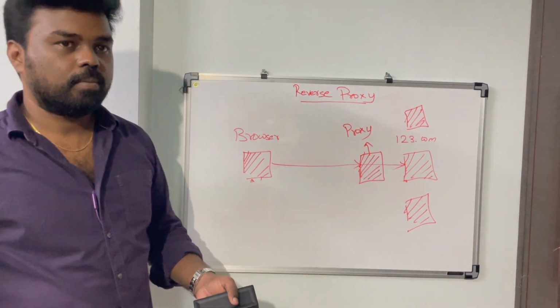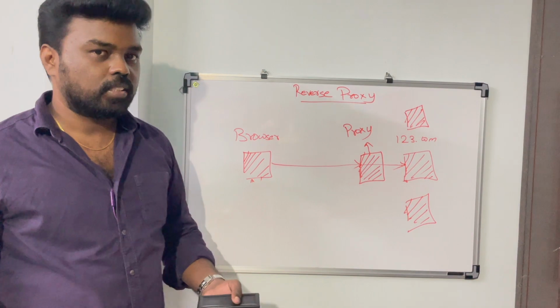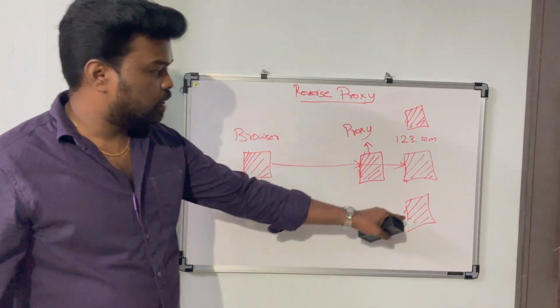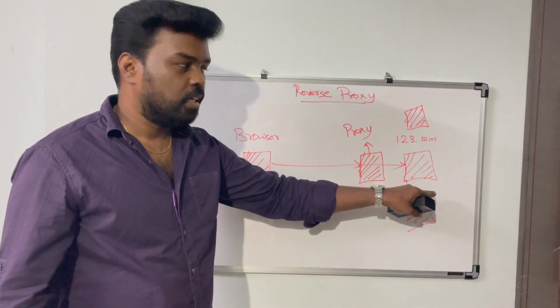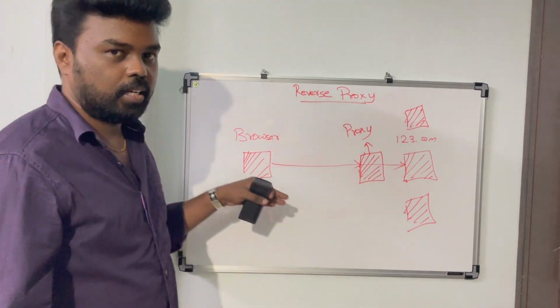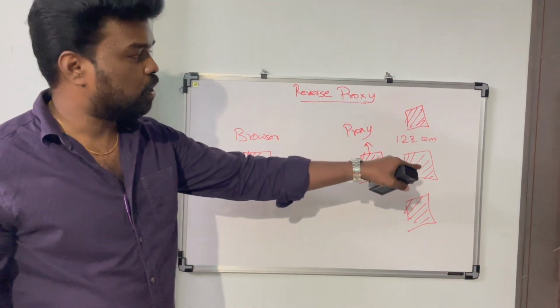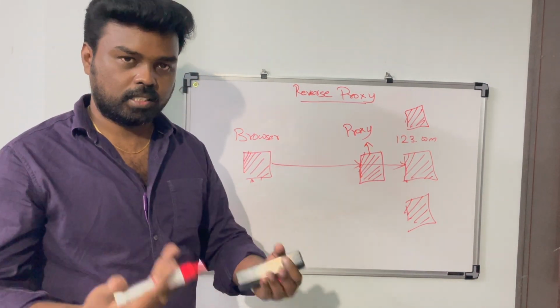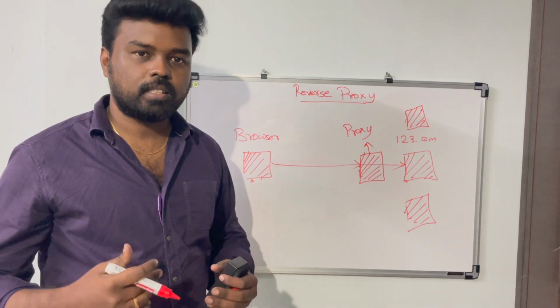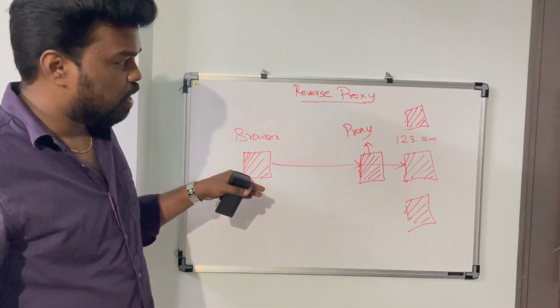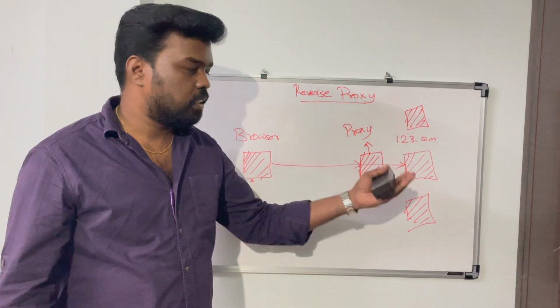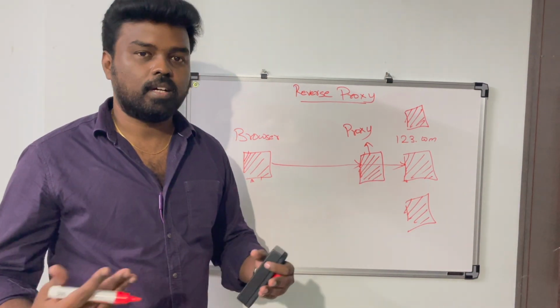One of the use cases is caching. For example, most of the time these application servers return some static assets to the client. For example, 123.com could be returning some text content or some images to the browser. But at the same time, these text content or images don't change very often, right?